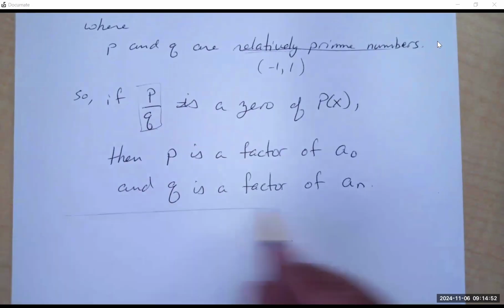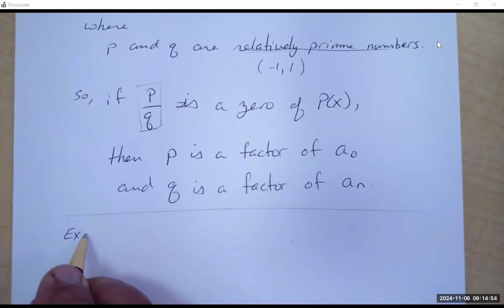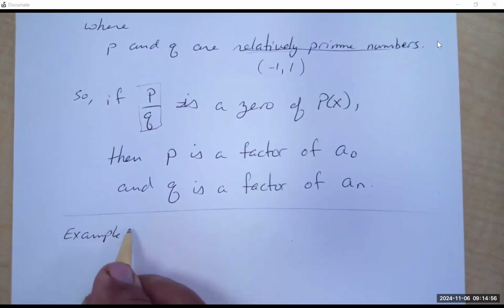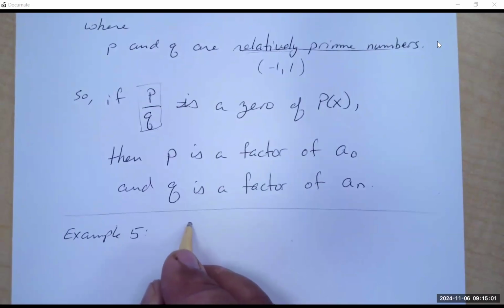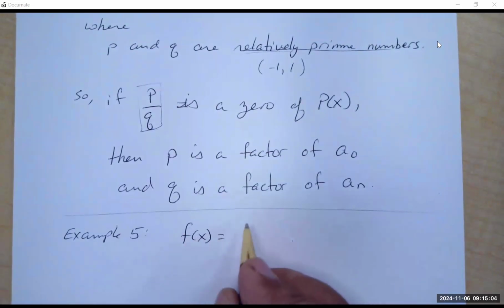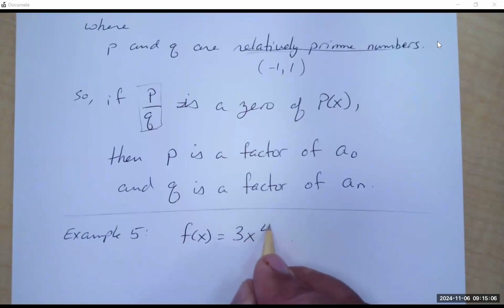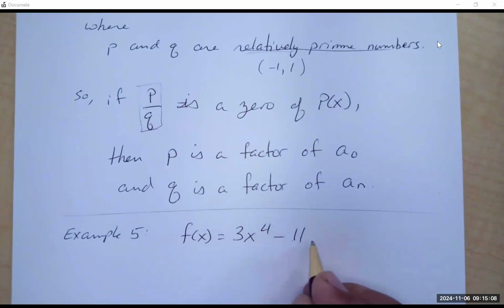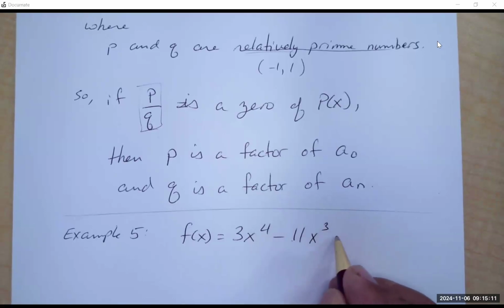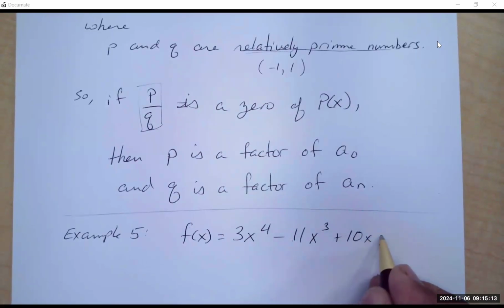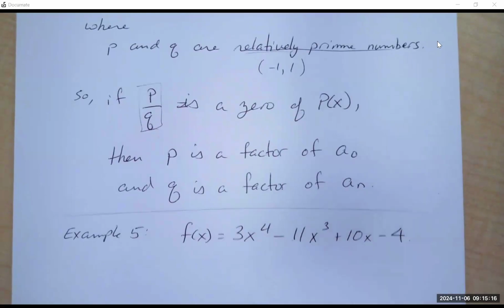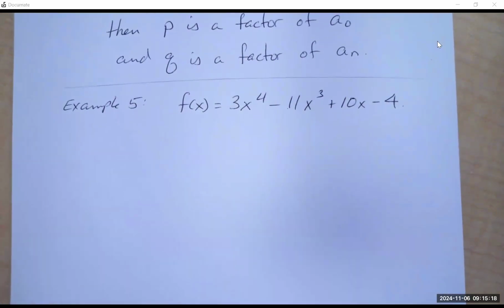Let's look at this example. Example 5. F of x is equal to 3x to the 4th minus 11x cubed plus 10x minus 4. Find the zeros of that.